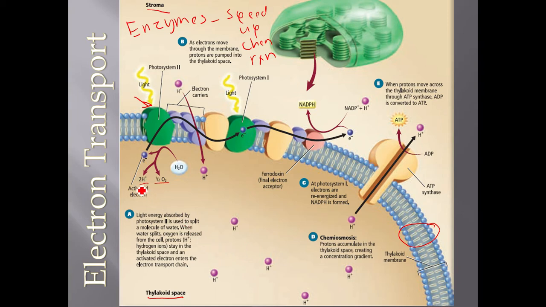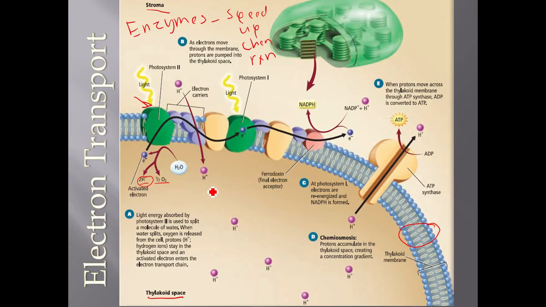Because if you see here, right here, it's releasing two hydrogens. Well, that's going to give the inside of the membrane, as you see, a lot of hydrogens floating around. On top of that, what happens is that these proteins right here are going to grab hydrogens from the outside, inside of the stroma, and they're going to bring it into the thylakoid space.